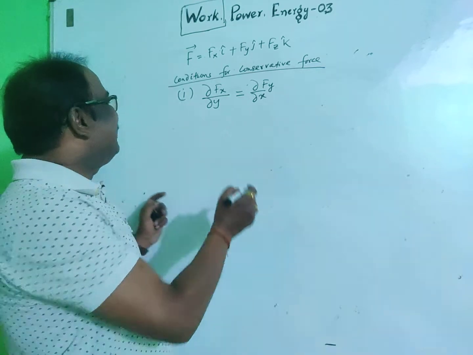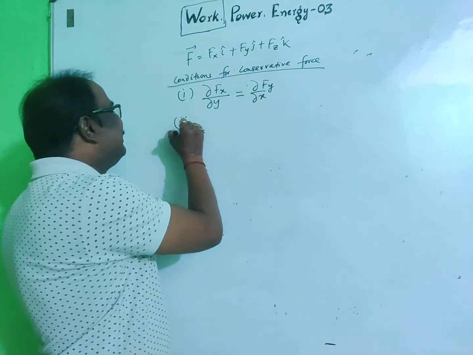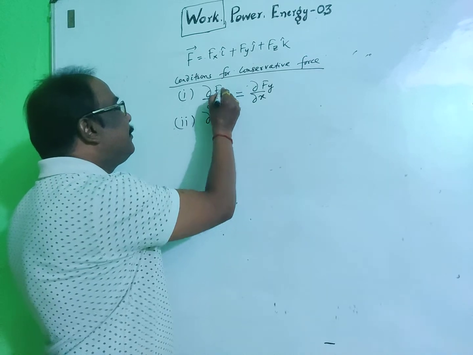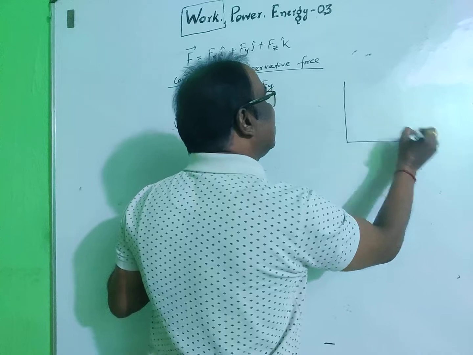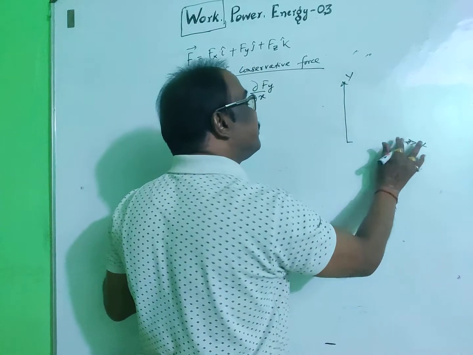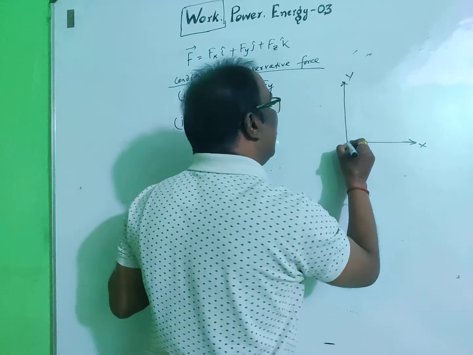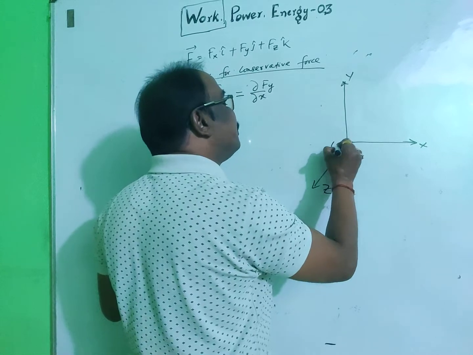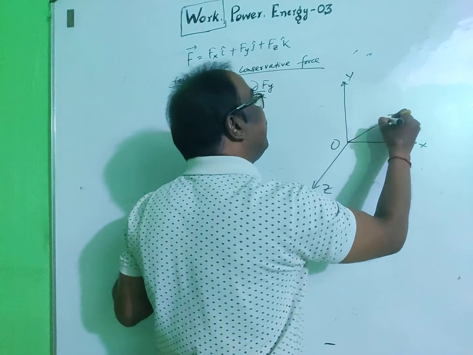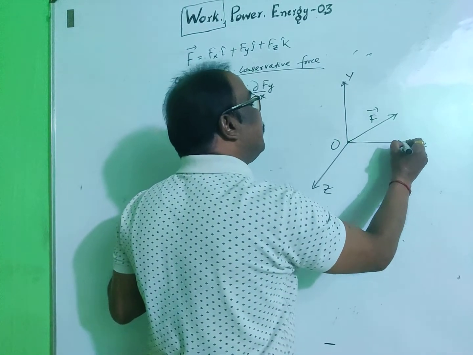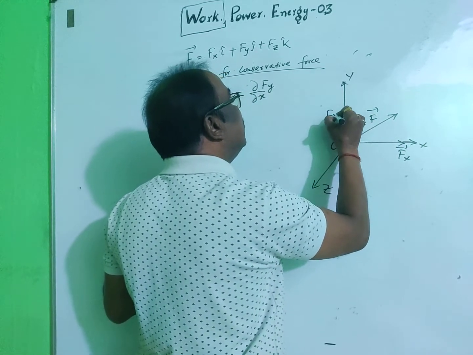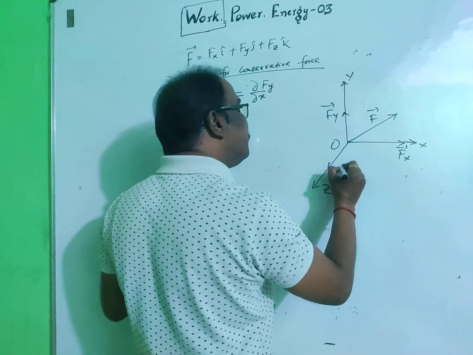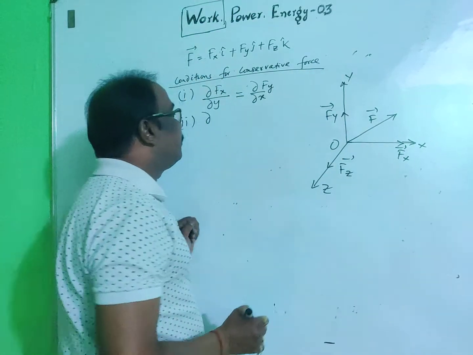Okay. Similarly, again partial derivative. This is the x-axis, this is the y-axis, and this is the z-axis. This is the origin. This is our required force. This force has component Fx along the x-axis, Fy along the y-axis, Fz along the z-axis.